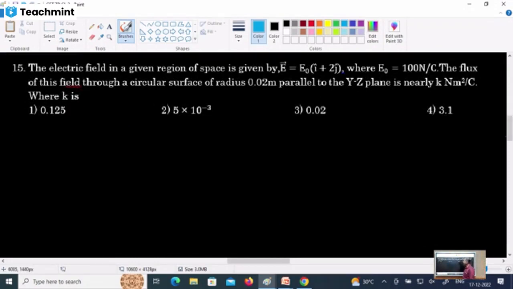Question number 15 reads, the electric field in a given region of space is given by E equals E naught into i cap plus 2j cap, where E naught equals 100 Newton per Coulomb.